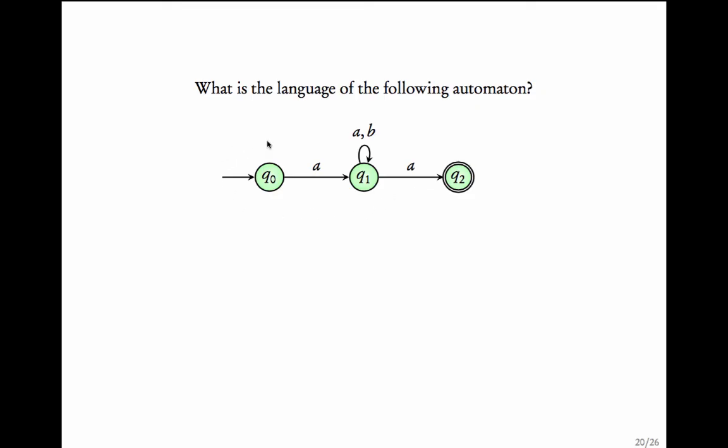What do you think would be the language accepted by this automaton? You need to look at the paths that take you from an initial state to an accepting state. How do the paths look like?